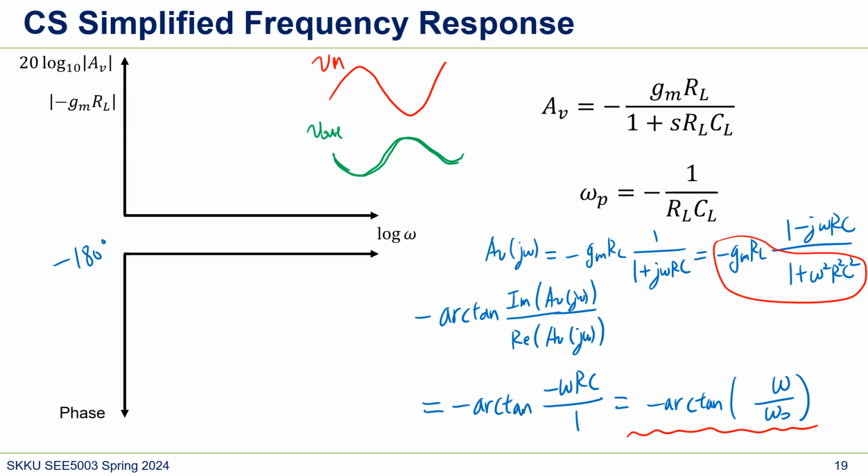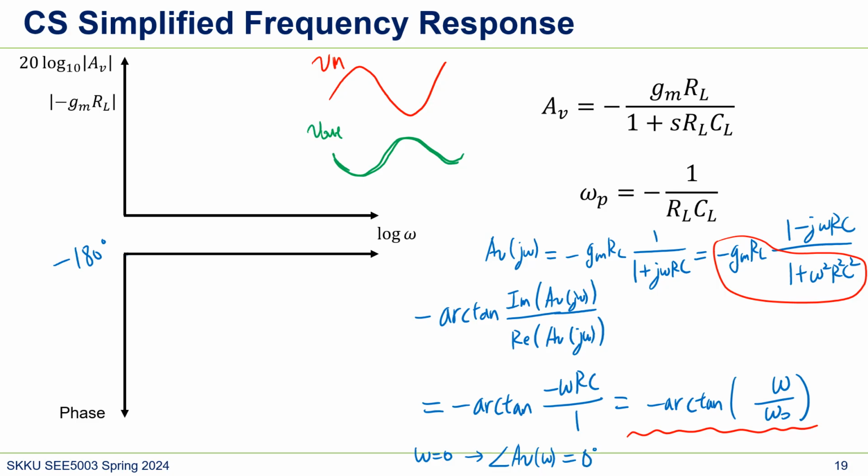When omega is 0, at DC, this arc tangent, which is our phase, is 0, right?